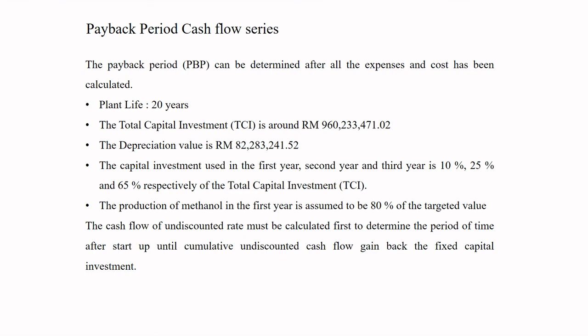Assumptions were made where for the first year 10% of the total capital investment is loaned by the bank, for the second year 25% of the total capital investment is loaned by the bank, and for the third year 65% of the total capital investment is loaned by the bank.